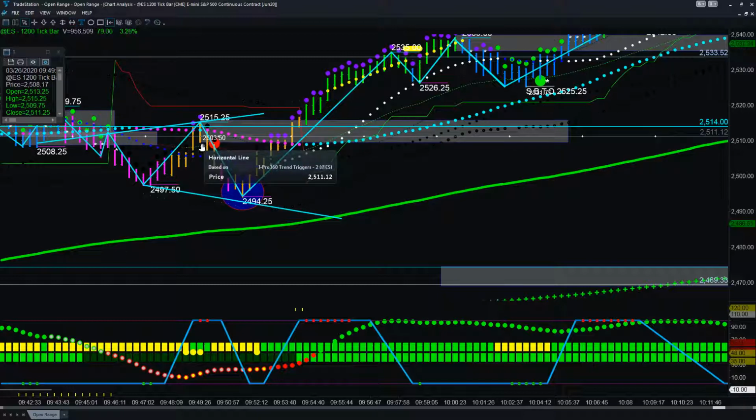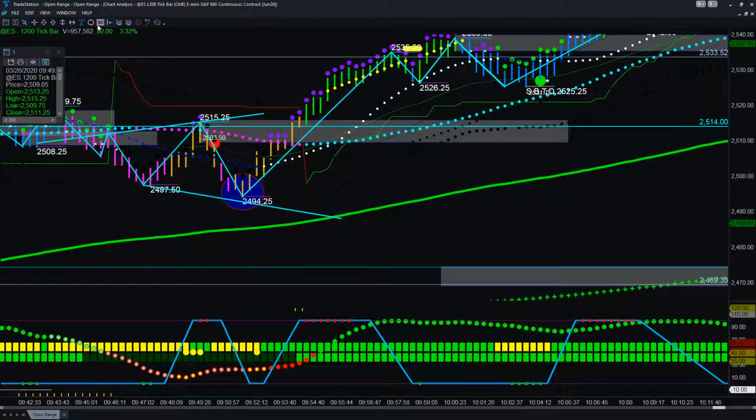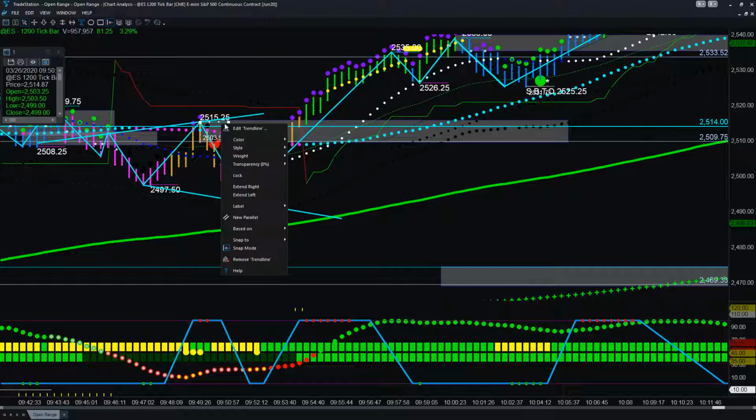So we have two untested pivots. This one, I hate these. TradeStation 10 is a pain with, it picks up certain things. All right, so there's that one and that one.